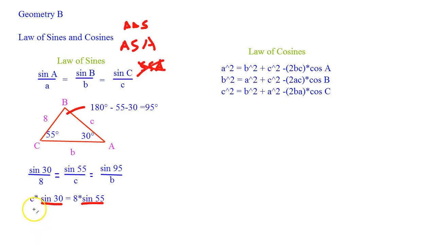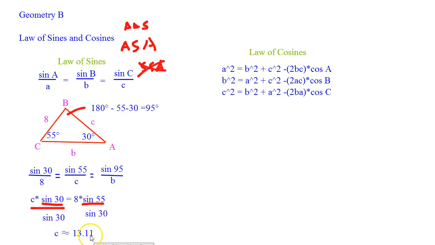I just divide both sides by sine of 30, and I should find the value of C. It's probably not an exact number, so it's an approximation, but it's going to be about 13.11, or 13.1.